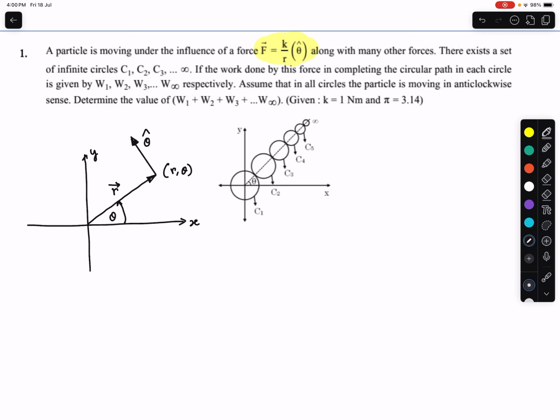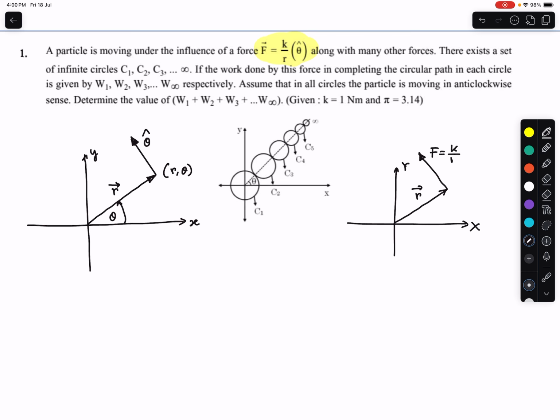See, so force is given as K by r theta cap. So that means this is the position vector r and the force is given by this. So force F is equal to K by r.